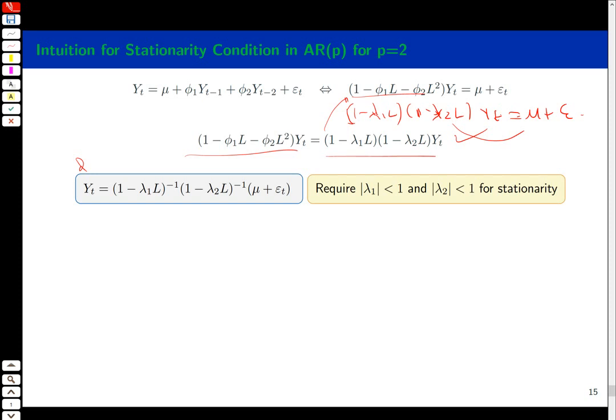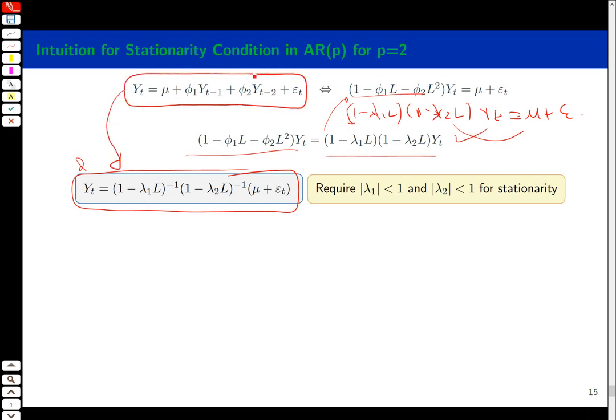We're going to get minus lambda 1 plus lambda 2 times L. So we have, obviously, lambda 1 plus lambda 2 equals phi 1, and lambda 1 lambda 2 equals minus phi 2. Sorry, remember, this would be minus this.